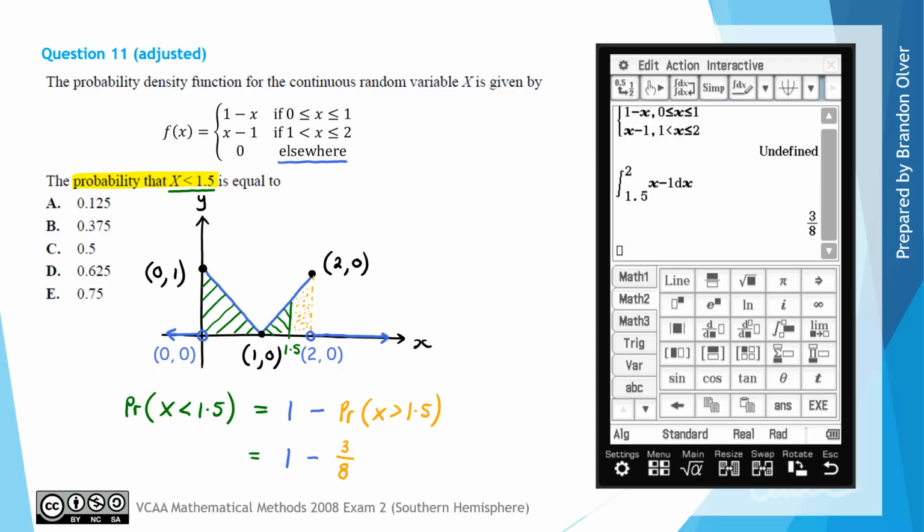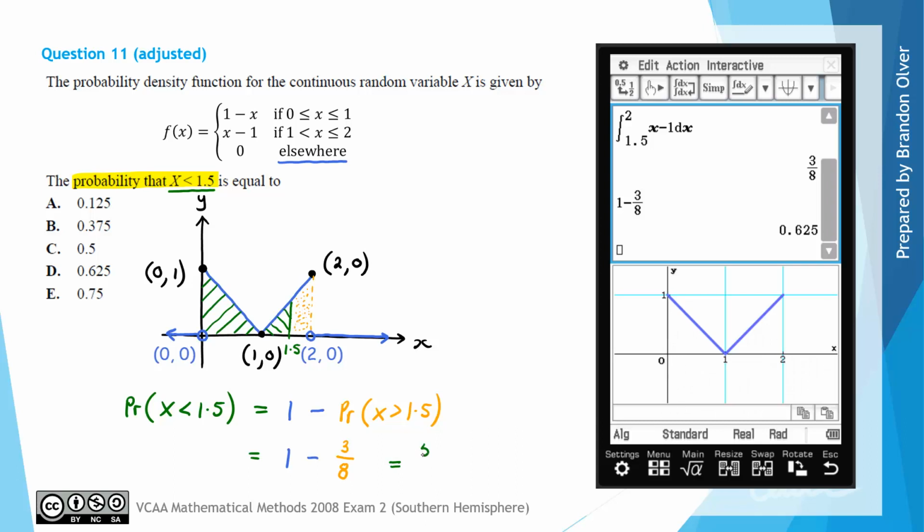Finally, just so I don't make any mistakes, I'm going to type into the calculator 1 subtract 3/8, which is equal to 5/8, and then convert that to a decimal, so we get 0.625. So that is equal to 5/8, or 0.625 as a decimal. That means that D is the correct answer for this question.